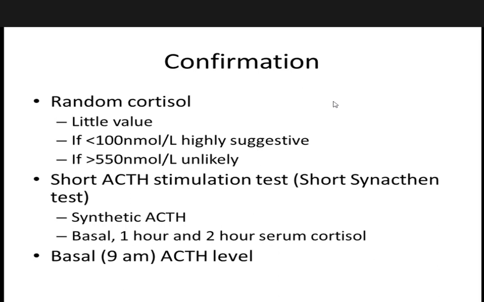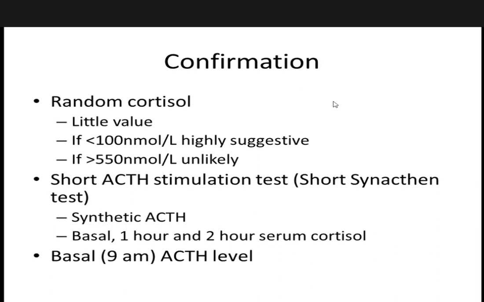That blood sample is taken before administering synthetic ACTH, right? So in that case, low ACTH and poor adrenal response, the problem is at the pituitary level. The pituitary is not producing an adequate amount of ACTH, right?